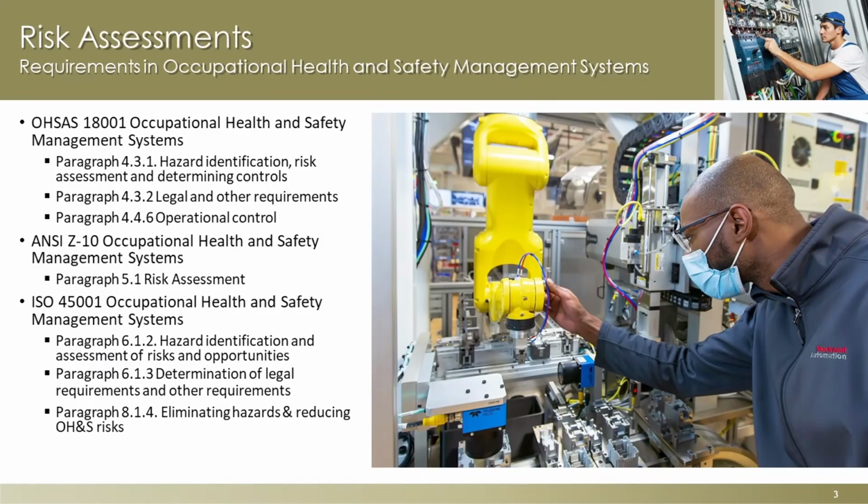Hazard and risk assessment requirements have always been part of occupational safety and health risk management systems. For example, paragraph 4.3 of OHSAS 18001 states that the organization shall establish, implement, and maintain procedures for ongoing hazard identification and risk assessment.